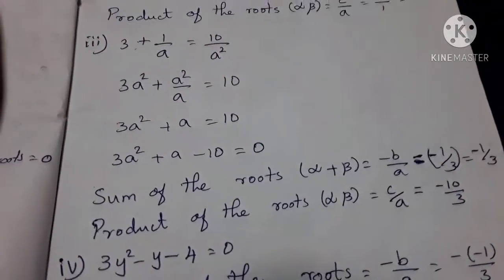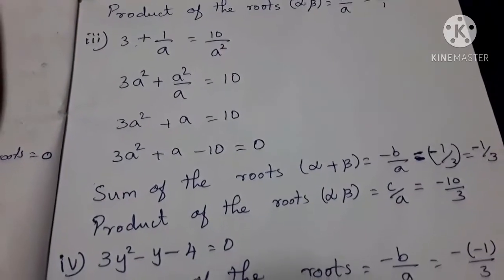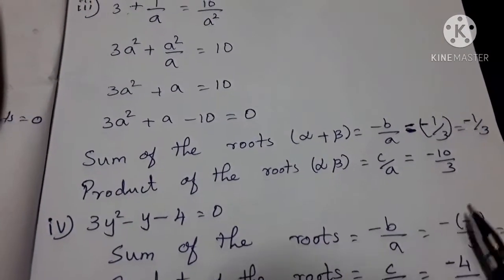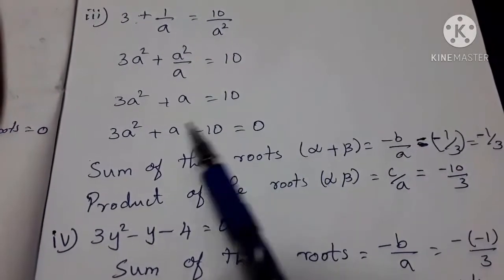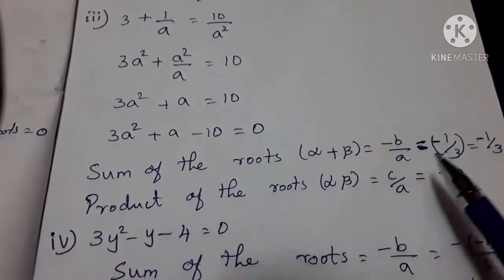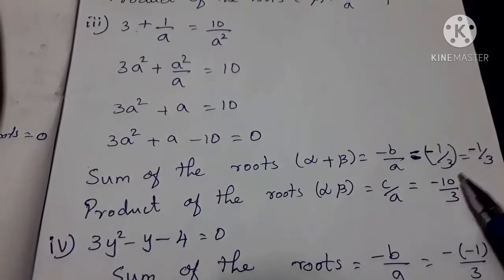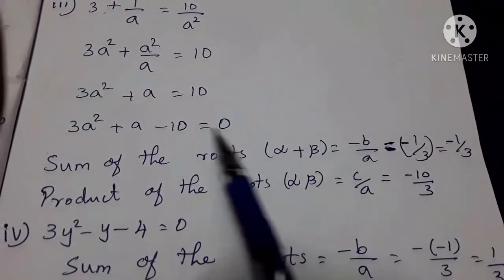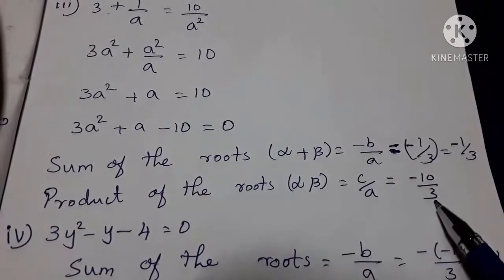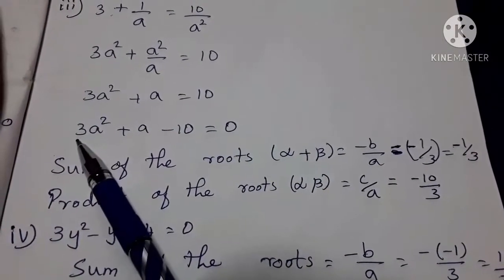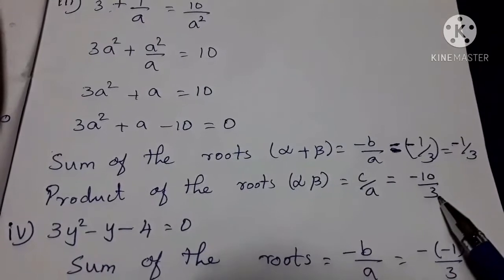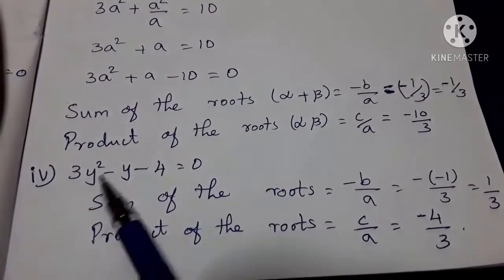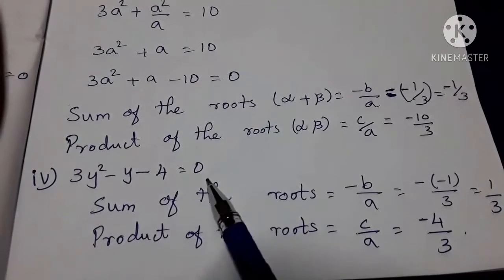So what is the sum of the roots? Alpha plus beta is equal to minus b by a. B is 1, so it is minus 1 by 3. Product of the roots is c by a. C is minus 10, the coefficient of x squared is 3. So minus 10 by 3. Next, 3y squared minus y minus 4 is equal to 0.